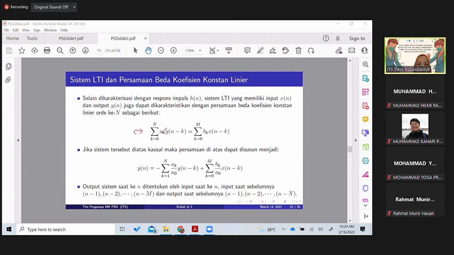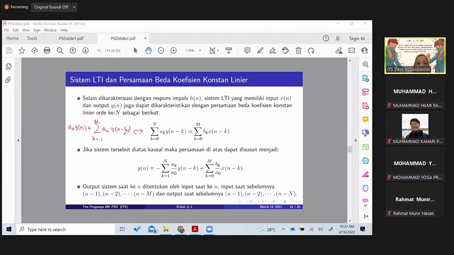We could take out the term for k equals 0, which will be a0, y[n minus 0] would be y[n], and then plus sigma k equals 1 to n, ak y[n minus k].